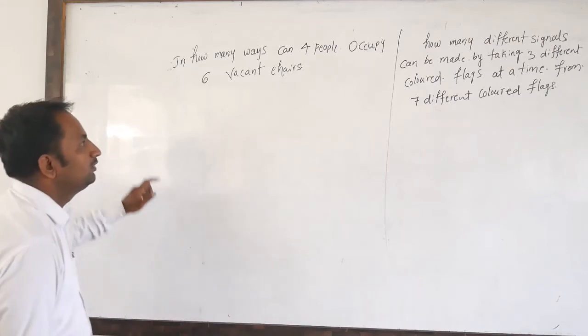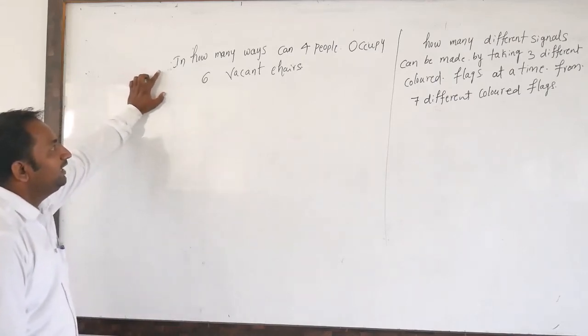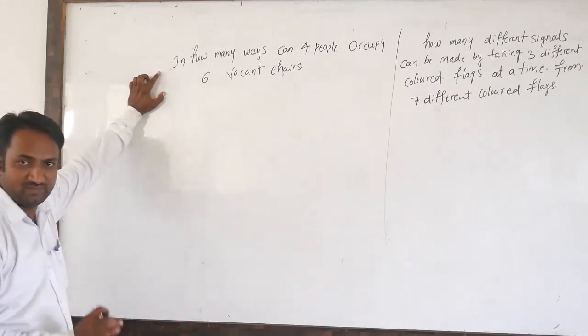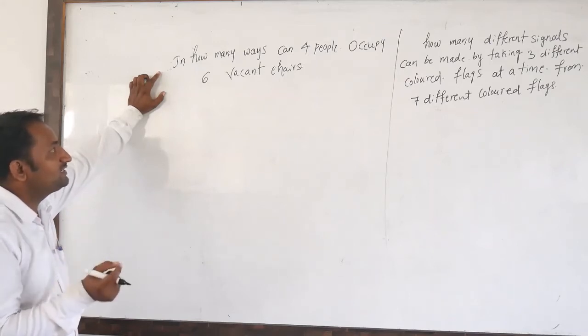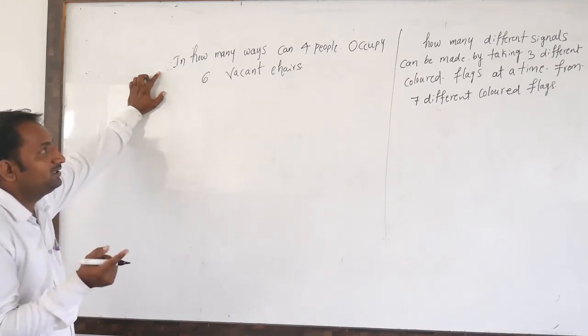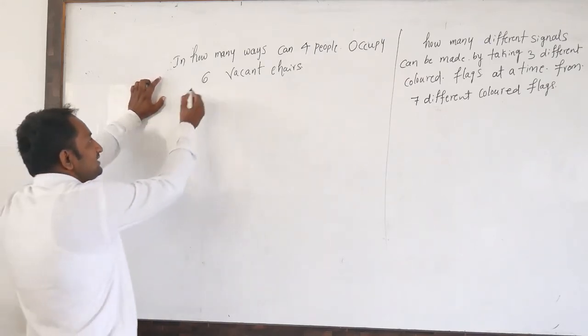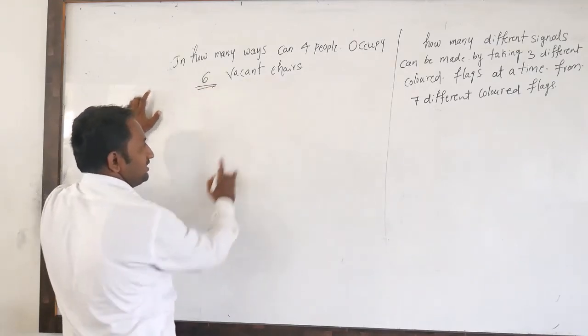Here are two more important problems. In how many ways can 4 people occupy 6 vacant chairs?